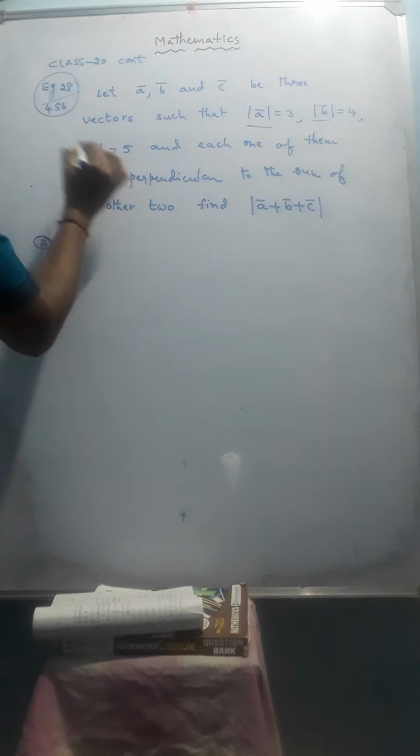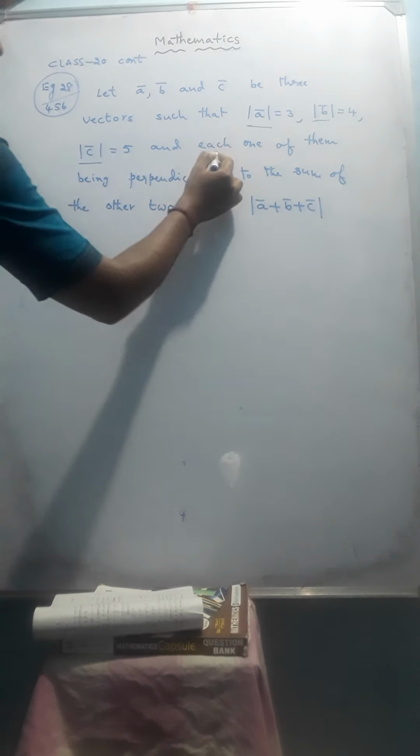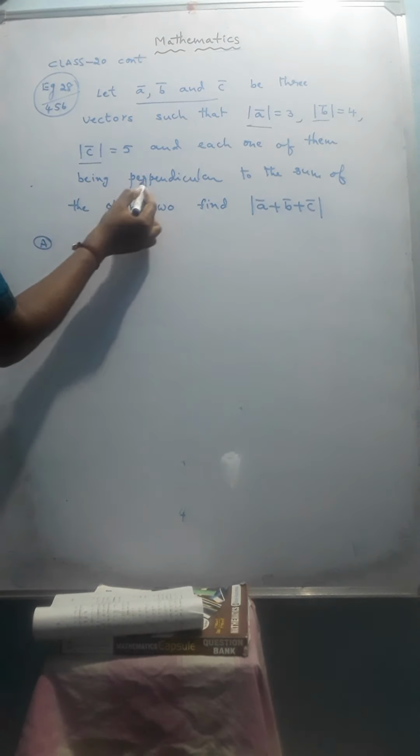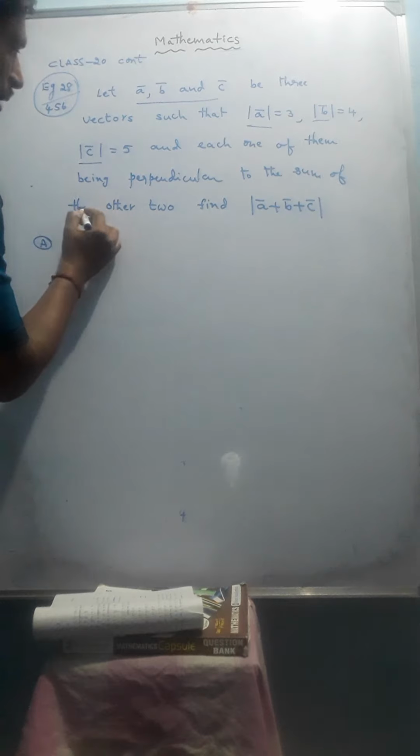Very important. Okay, see answer. What is given? Modulus A value is equal to 3, modulus B value is equal to 4, modulus C value is equal to 5. Each one of them, that means A vector, B vector, C vector is perpendicular to the sum of the other two.